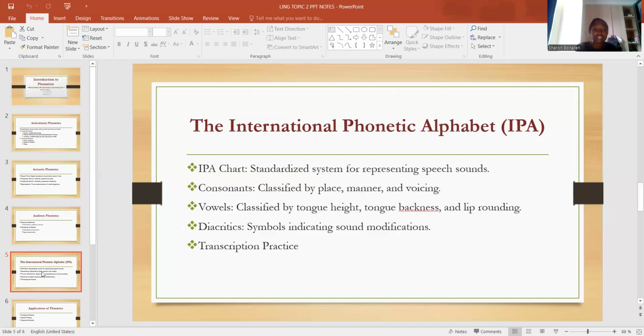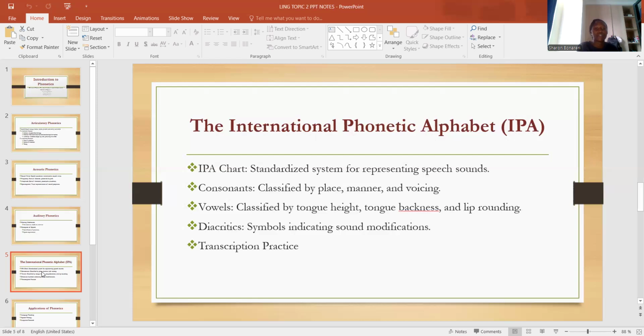It's a standardized system for representing speech sounds. Consonants are classified by place of articulation, manner of articulation, and voicing, the voiceless sounds and voiced sounds. The IPA chart presents all that.